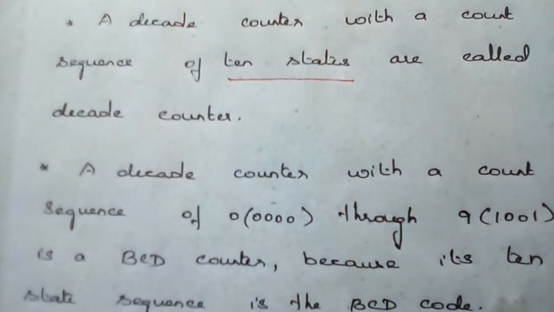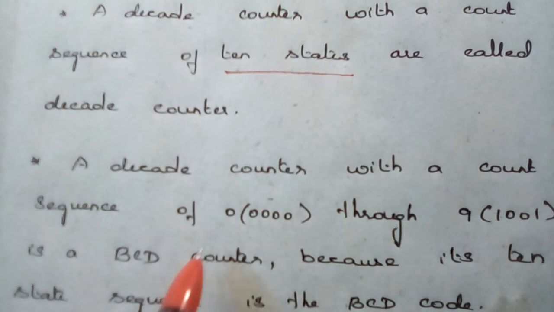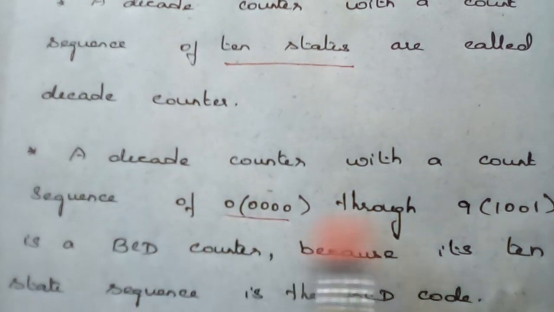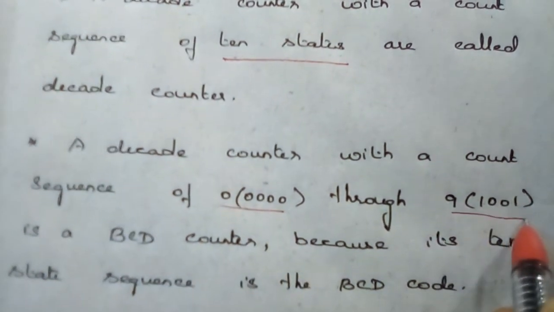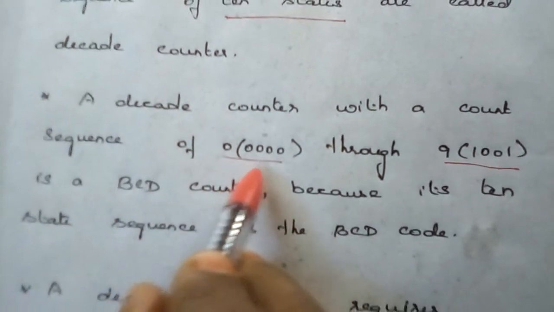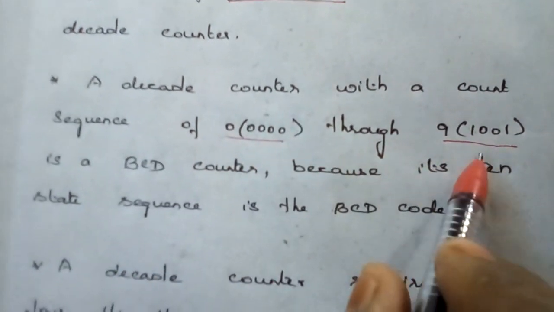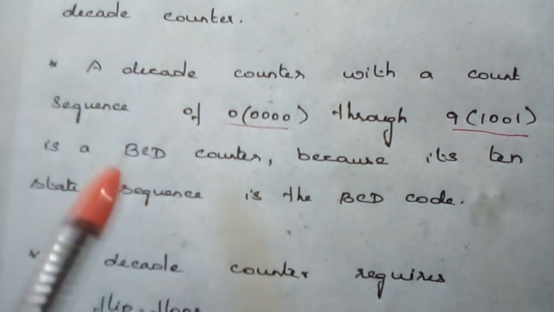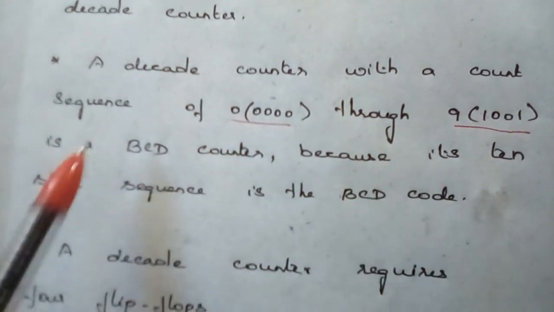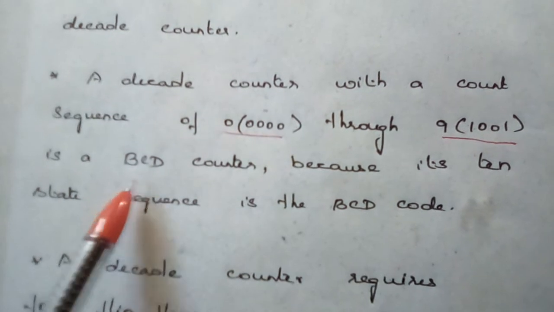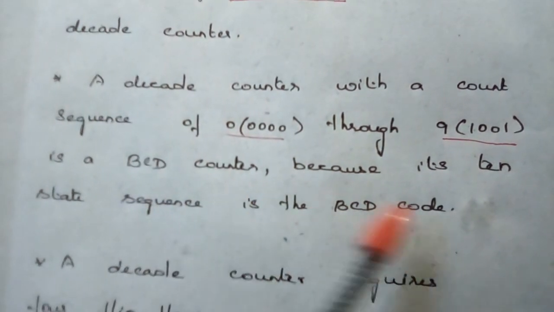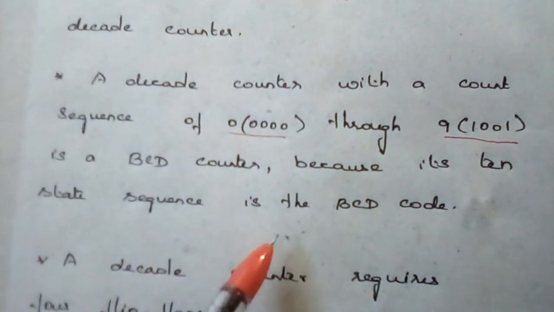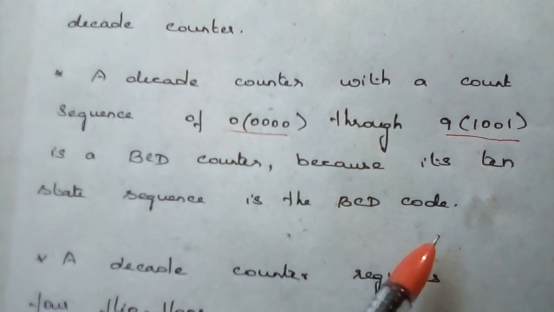The states start from 0 and end at 9, that means 0000 through 1001. Since it counts from 0 to 9, it is said to be the BCD counter because its 10 state sequence is the BCD code.